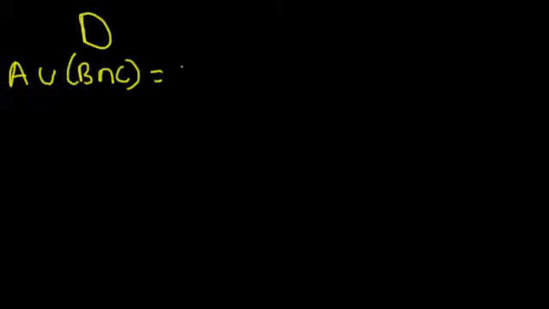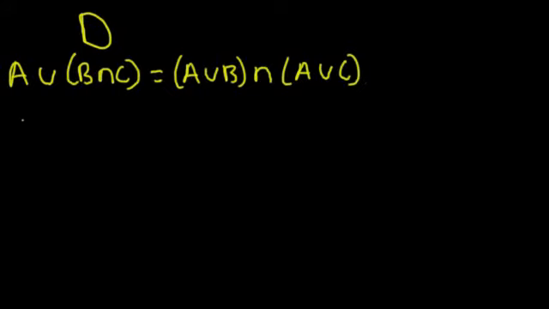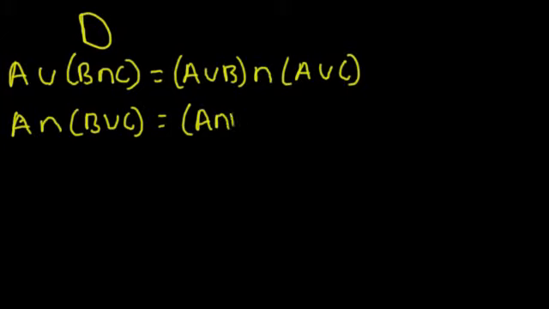Let me denote it with capital letter D. A union (B intersect C) is equal to (A union B) intersect (A union C), and A intersect (B union C) is equal to (A intersect B) union (A intersect C).